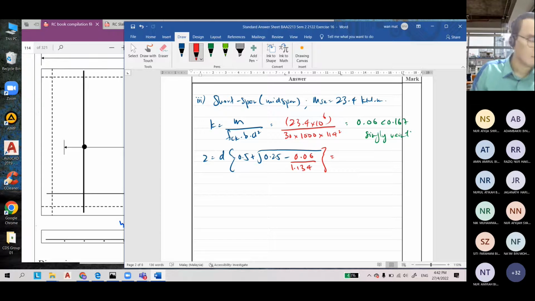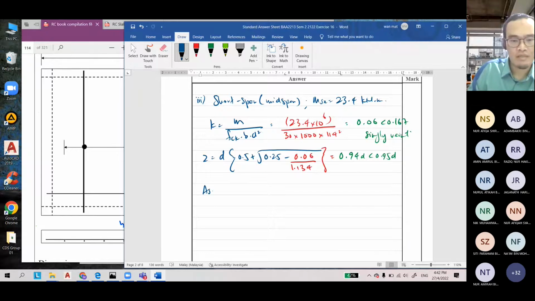So what is the answer? 0.94. Okay, 0.94D is lesser than 0.95D. So you choose the lesser.